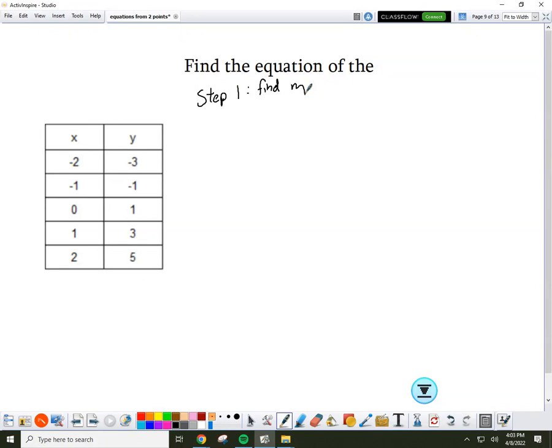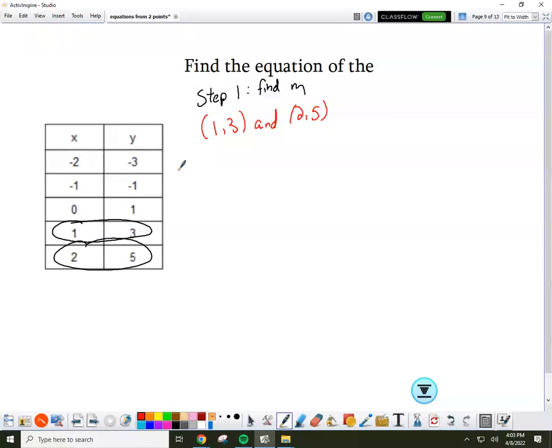So we need to pick 2 ordered pairs from this 1, 2, 3, 4. Wow, another table of 5. I don't like dealing with negative numbers. Sometimes they get messy. So I'm going to pick 2 points that don't have any negative numbers. So I'm going to pick this one and this one. Okay, so I picked the ordered pairs 1, 3, and 2, 5.